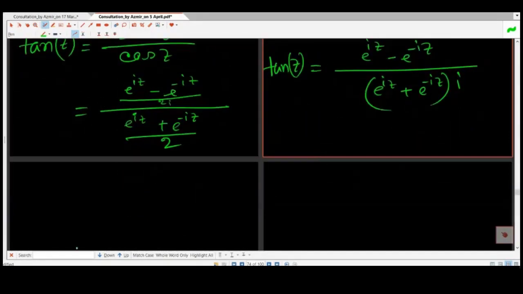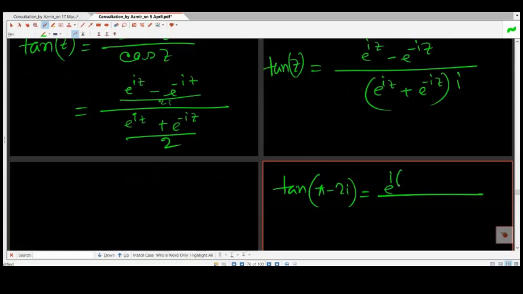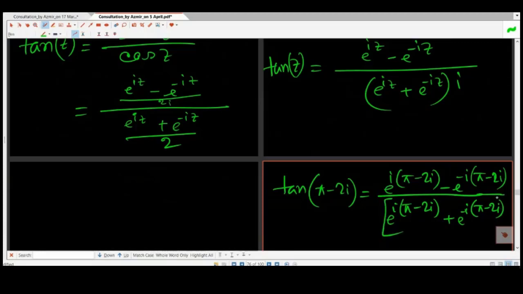So let's input: tan of (pi minus 2i) equals (e^(i(pi minus 2i)) minus e^(-i(pi minus 2i))) over i times (e^(i(pi minus 2i)) plus e^(-i(pi minus 2i))). We have also i here.